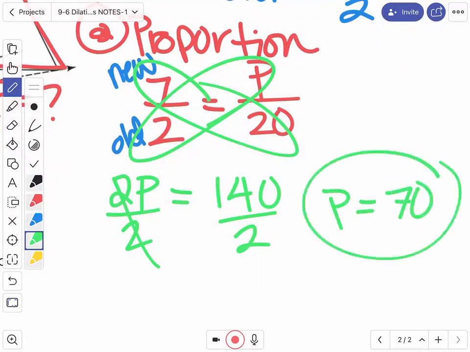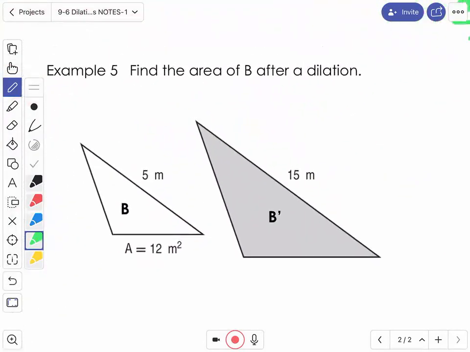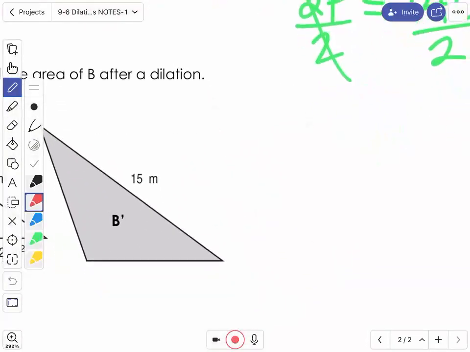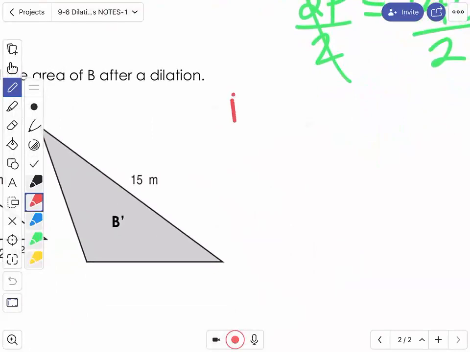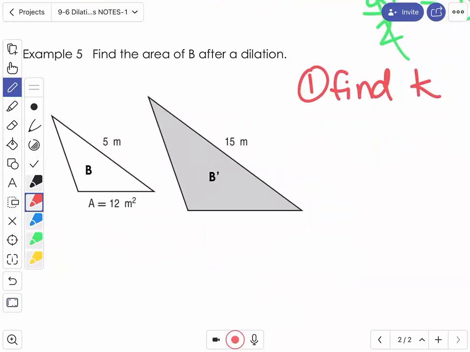Now let's see what happens when we deal with area. So similar first couple of steps. Step 1, find the scale factor. In this case, we've got matching sides. We've got 15 and 5.